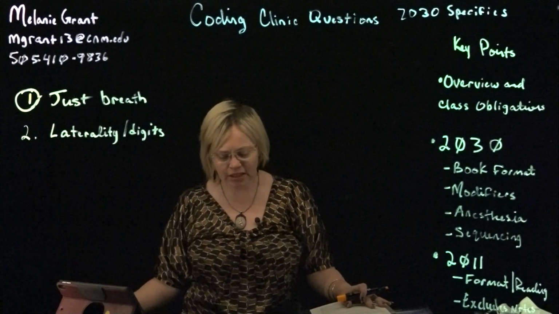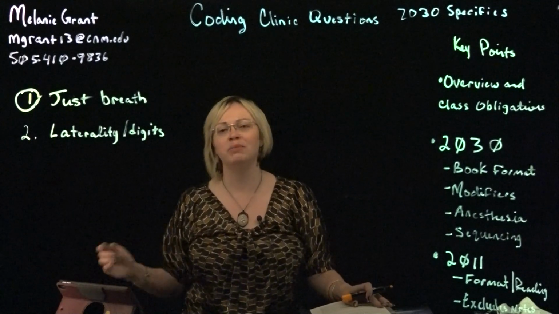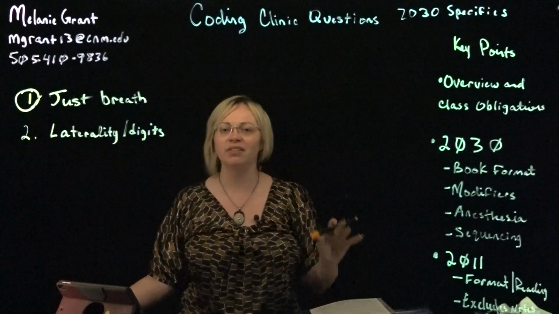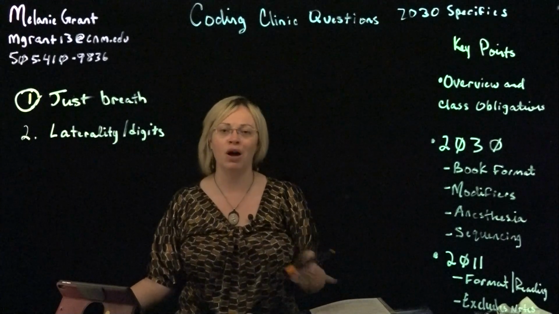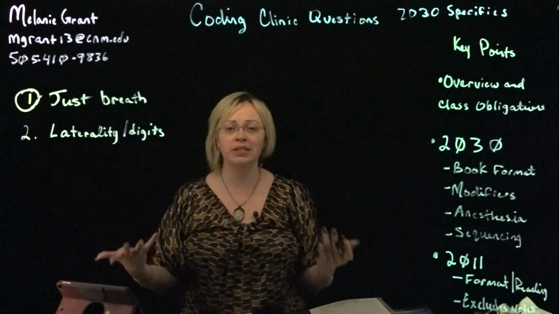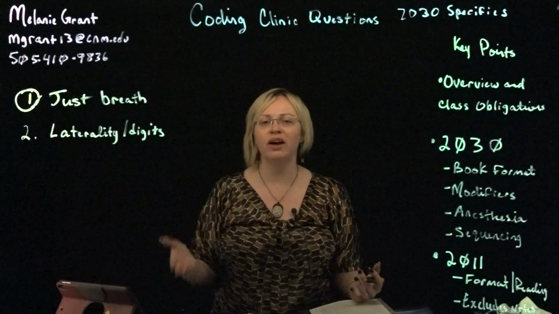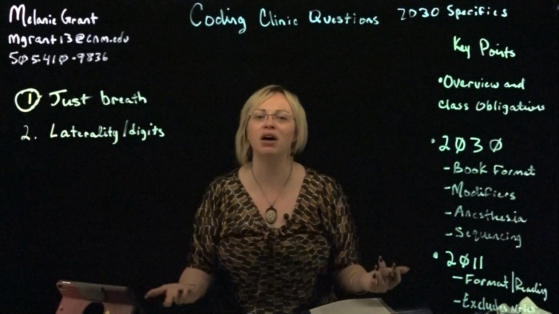Now keep in mind, if a procedure does not talk about something that would indicate a laterality, it's not going to have a laterality modifier. So for example, an office visit or an exam would not include laterality because that's an exam of the patient.